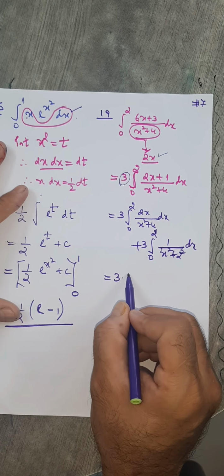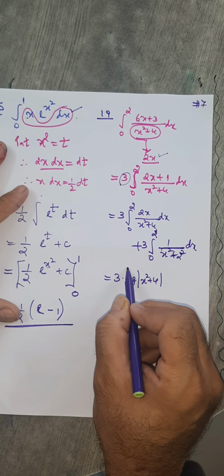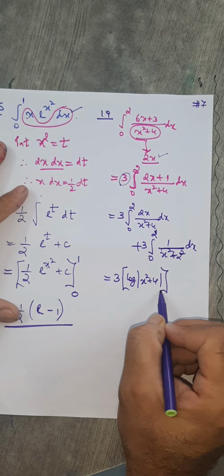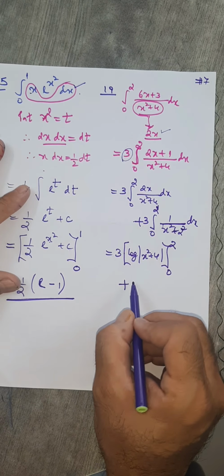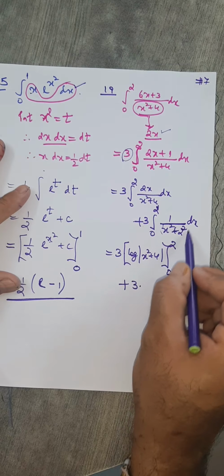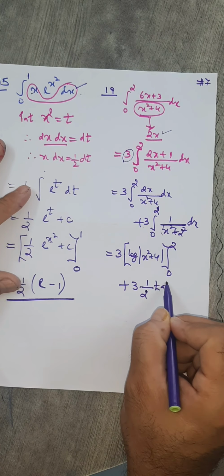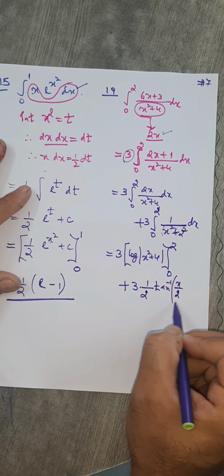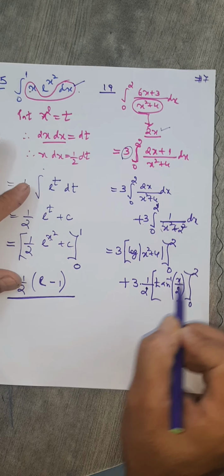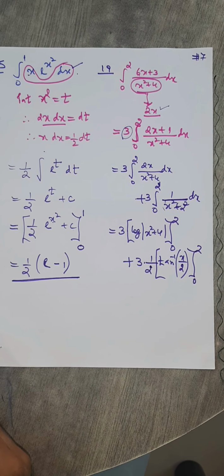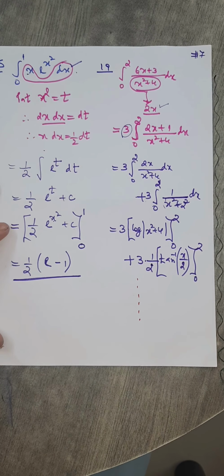The integral of the first one is log of mod of x square plus 4, log of mod of the denominator function, limits from 0 to 2. Plus 3 as it is. If you remember, this is a known formula: 1 upon a, that is 1 by 2, tan inverse x by a, that is x by 2, and limits are from 0 to 2. Now put upper limit minus lower limit at both the places, so you will get the final answer.